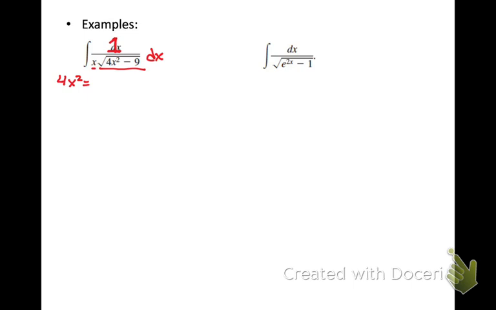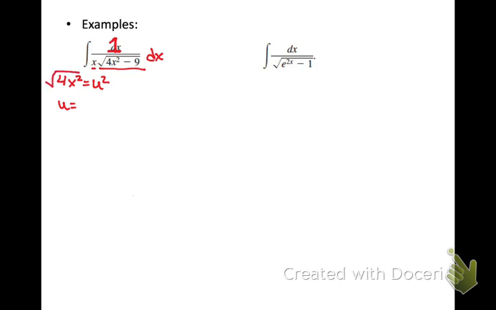So if I'm going to say I have 4x squared, if I'm looking at rule 3, what would 4x squared equal? U squared. U squared, not just u. So what does u equal? 4x. I have u squared. What do I have to do to just get u? Take the square root.